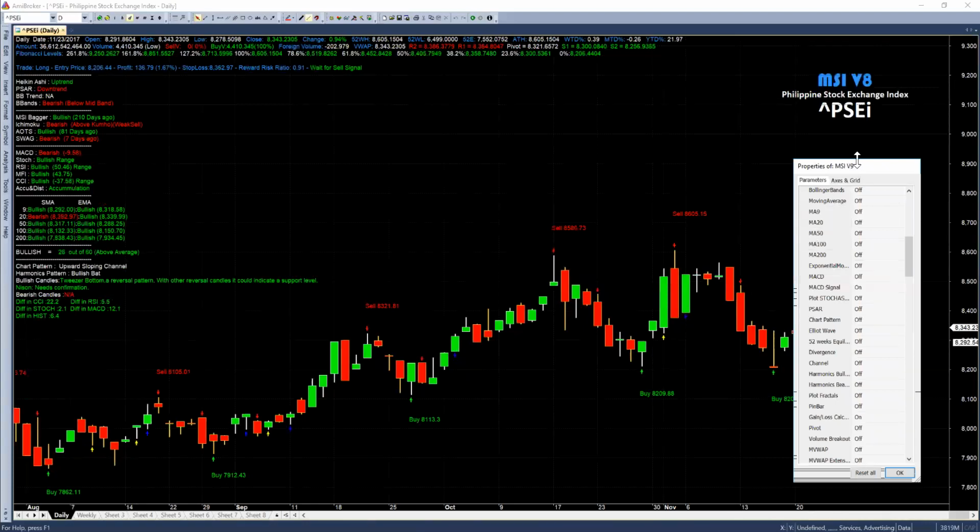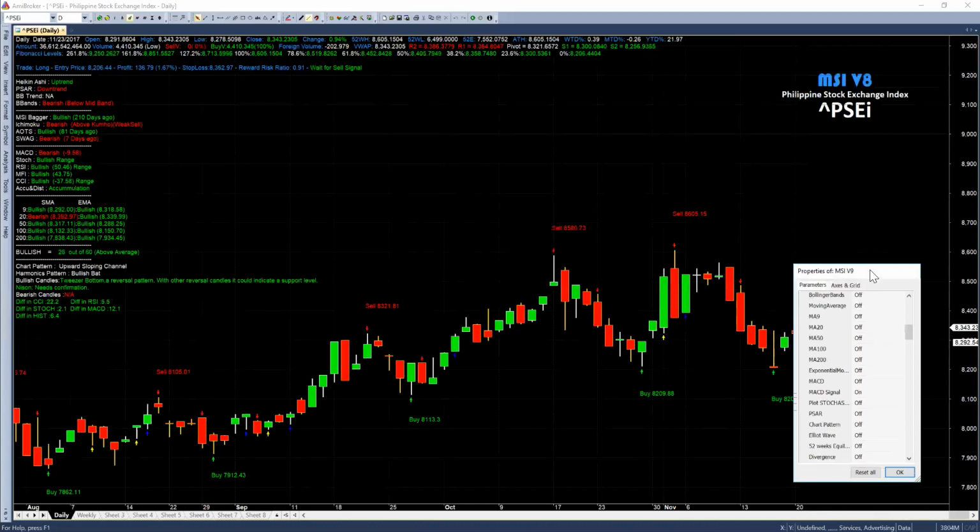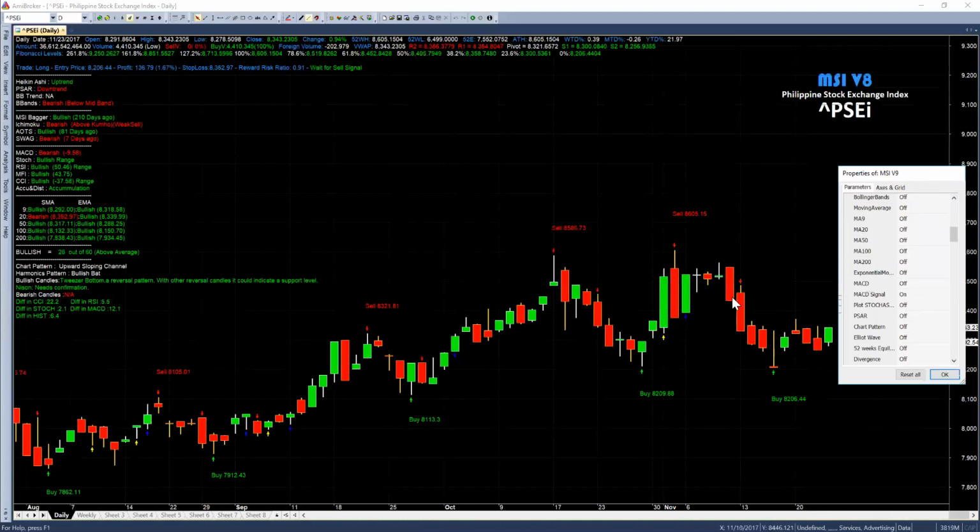So, nagkaroon na ng price action bago pa siya nagbibigay ng buy signal niya. Okay? So, again, first buy is your MSI signal, then your MSI indicator, and then you have your MACD.